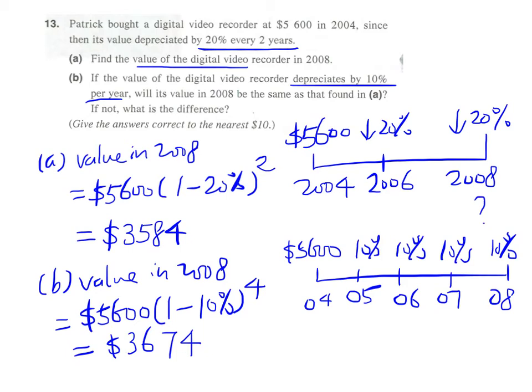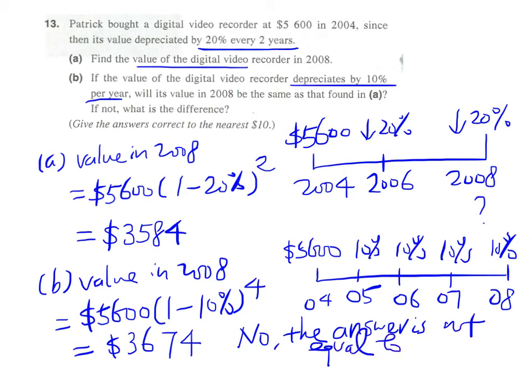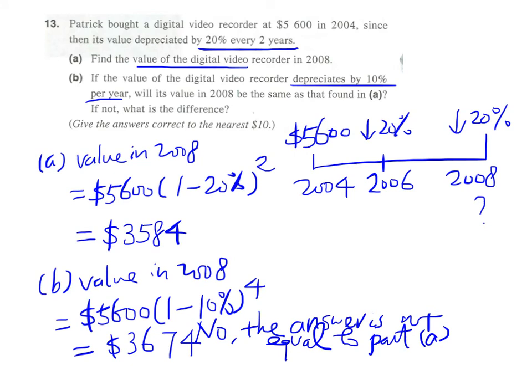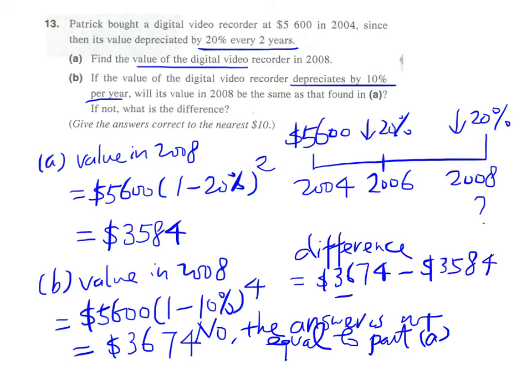And therefore, the answer is no. The answer is not equal to part A. And in fact, it is a bit more, about $100 more than that in part A. And therefore, the difference will be $3,674 minus $3,584, which is $90.